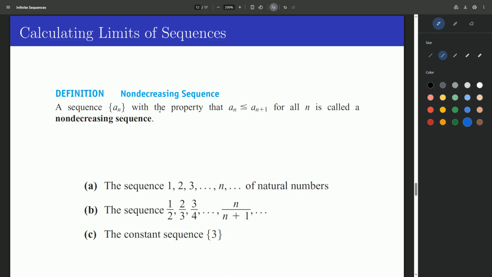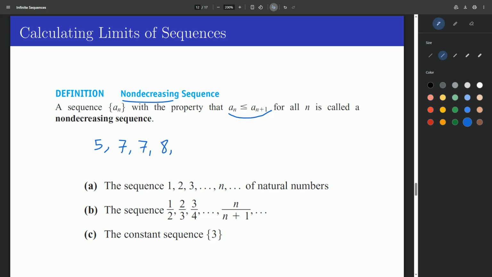The sequence is called non-decreasing if it satisfies this property: a_n is less than or equal to a_{n+1}. Like this sequence, I have the first term 5, the second term is 7, the third term is still 7, and then 8.